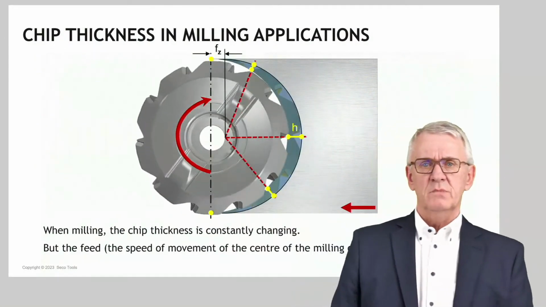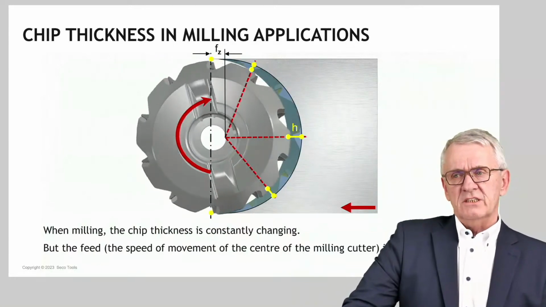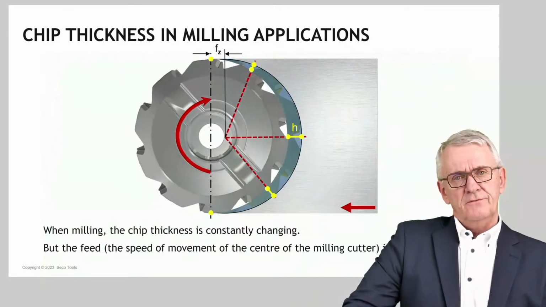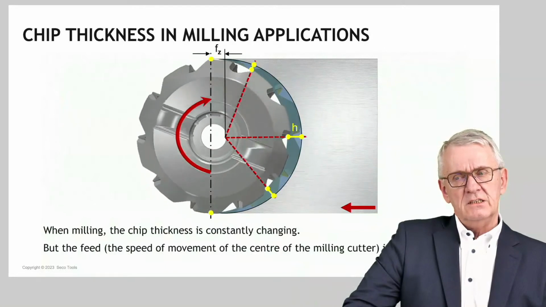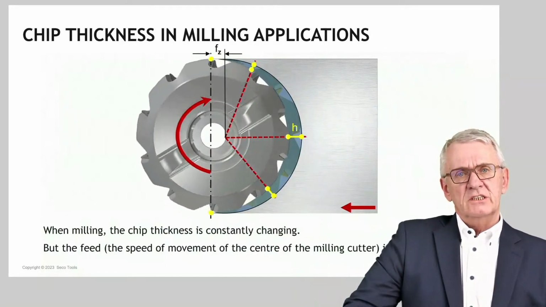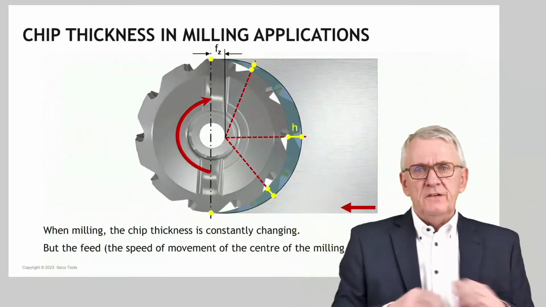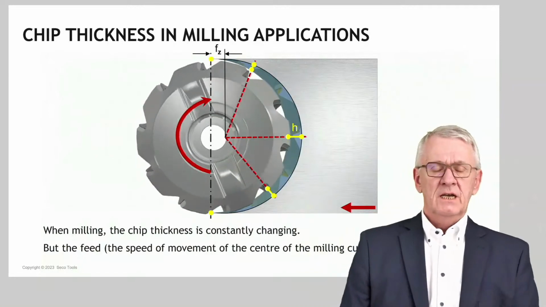That dilemma we have in milling, where while a milling cutter is machining, and you see here a milling cutter in full cut, the radial depth of cut equals the diameter of the milling cutter, and the milling cutter is moving with a certain feed per tooth, feed per rotation, table feed, however you define it.